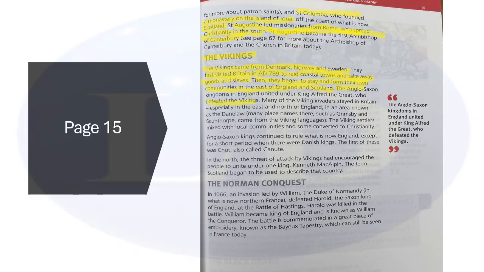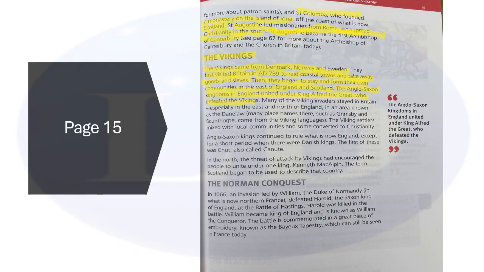But when they decided to stay here, the Anglo-Saxons who were ruling here were worried that these people would come and take our garments, our thrones. So they united under King Alfred the Great and then defeated the Vikings.